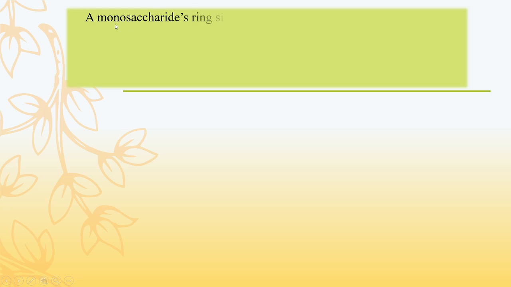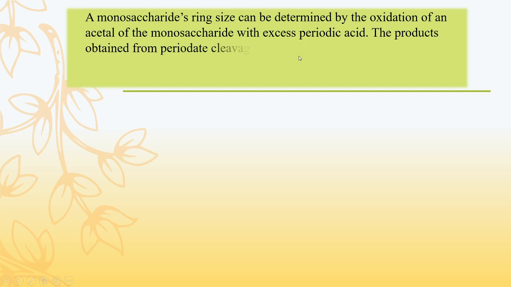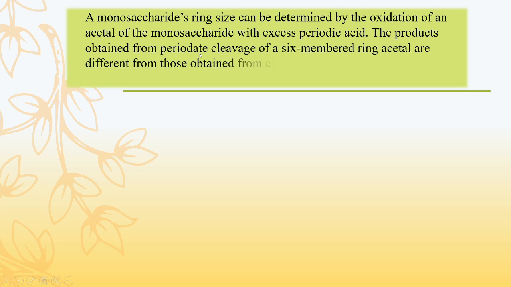There is one more method. A monosaccharide's ring size can be determined by the oxidation of an acetal of the monosaccharide with excess periodic acid. The products obtained from periodic cleavage of a 6-membered ring acetal are different from those obtained from cleavage of a 5-membered ring acetal.